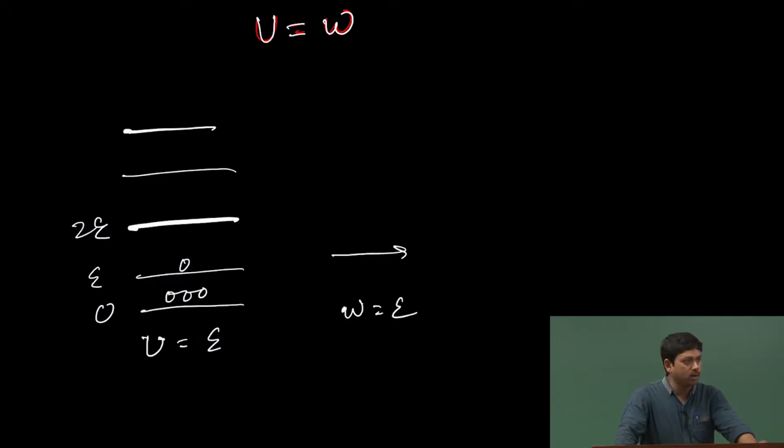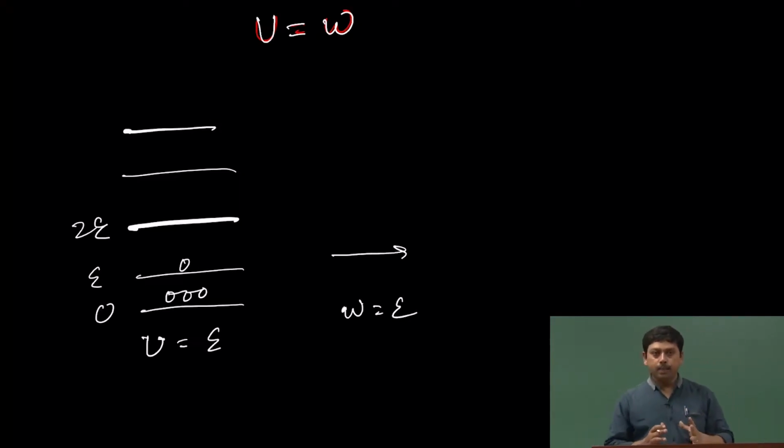What happens in work? When you do work, the volume of the system changes, right. Now, imagine a particle in a 3D box. A particle in a 3D box has 3 different lengths, length, width and height, right.